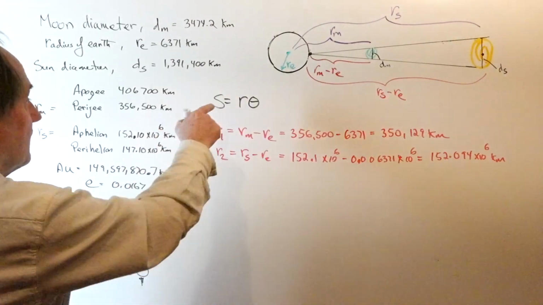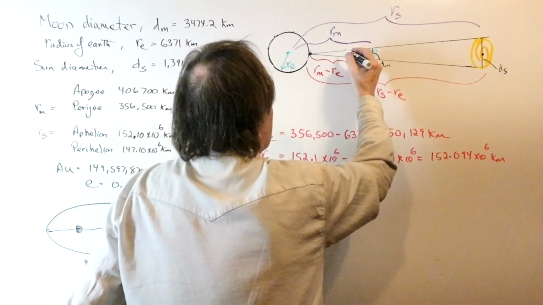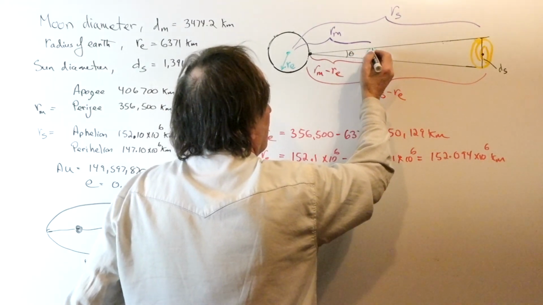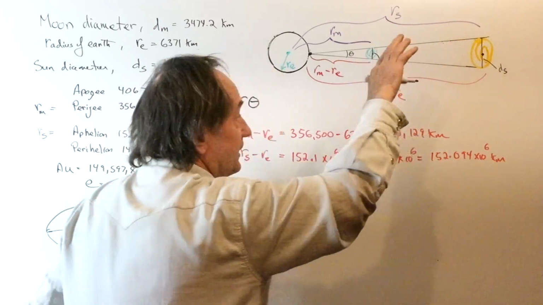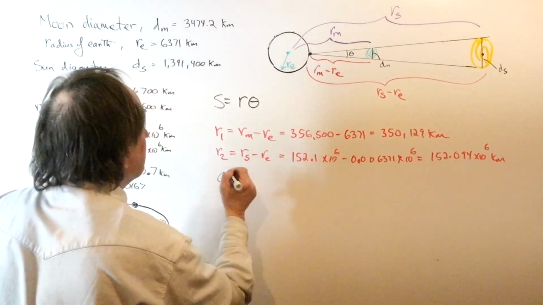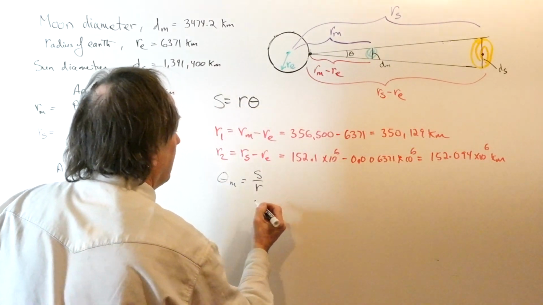Now, let's calculate the angular measure at which we're going to see the moon. We'll call this theta m. Solving for theta m, that's just s over r.